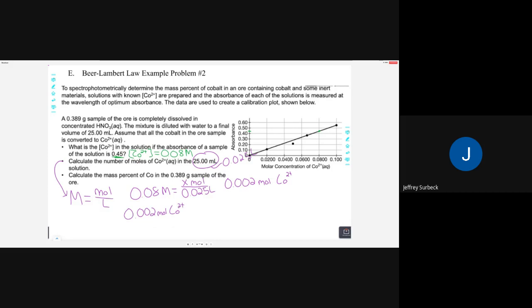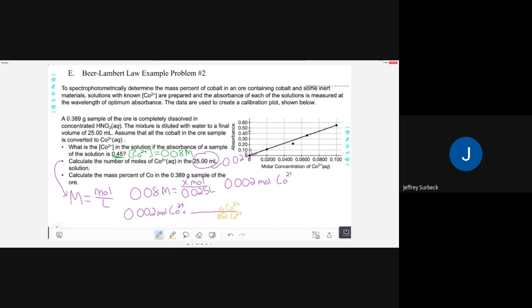Now, if I take out my knife hand and go like this, what unit has to cancel diagonal? Moles of that cobalt 2 plus. Moles of our cobalt 2 plus, and on top we can go to grams of cobalt 2 plus.